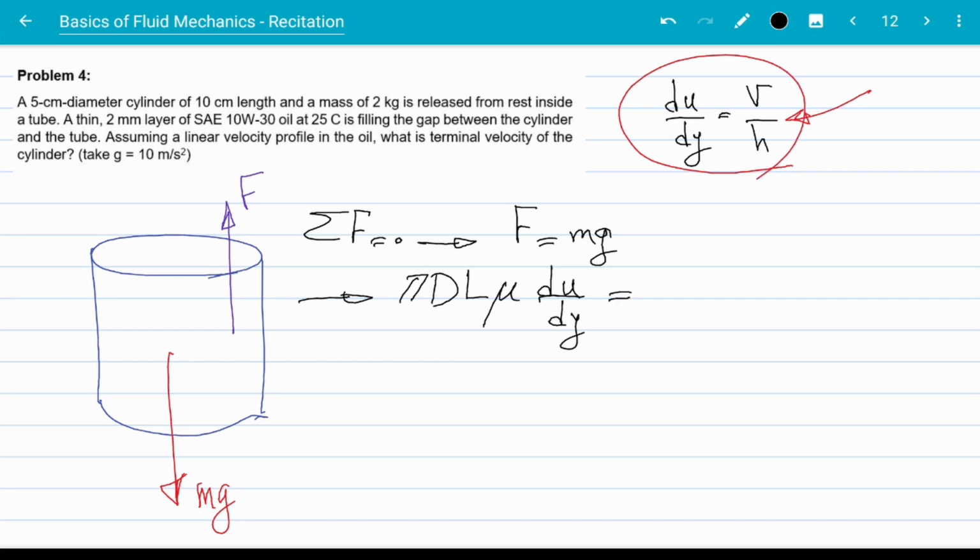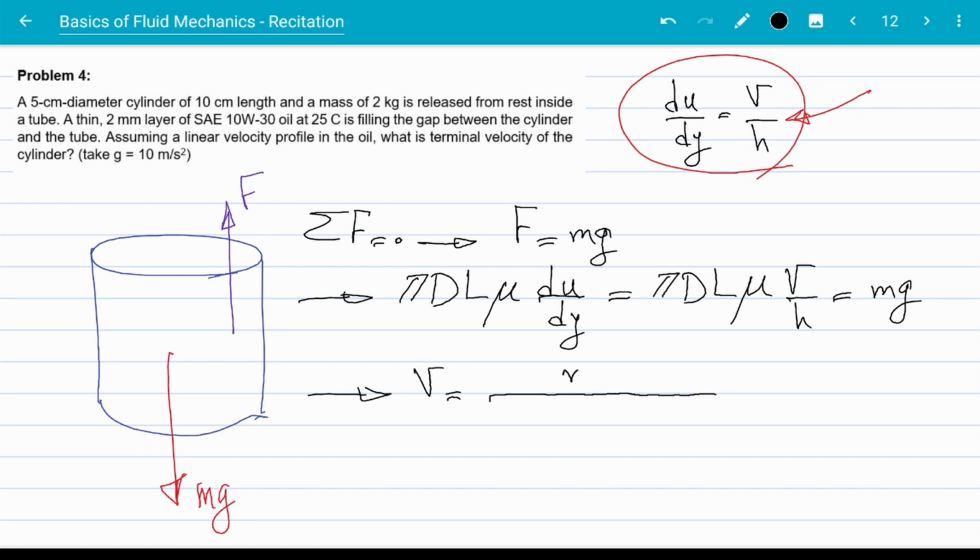It is equal to pi d L mu times the terminal velocity of the cylinder over h, the gap between the cylinder and the tube, is equal to mg. Now I can solve for the terminal velocity. So I get that the terminal velocity V is mgh over pi d L mu.